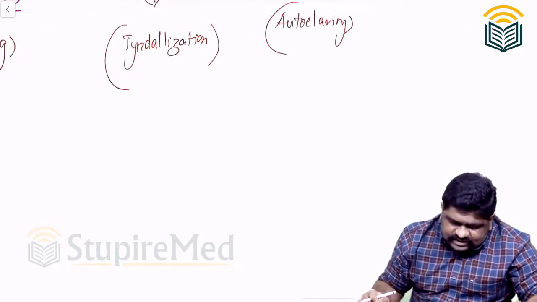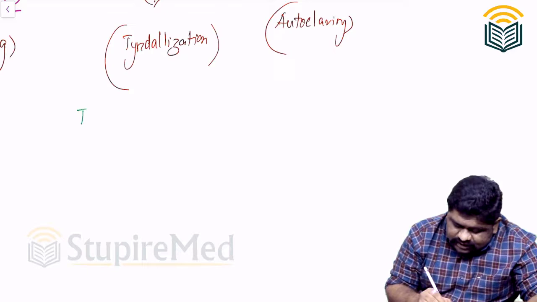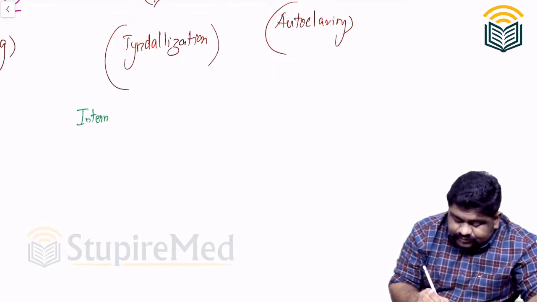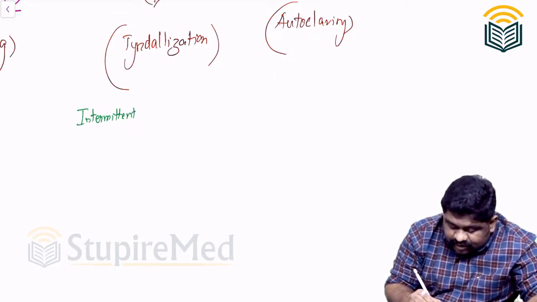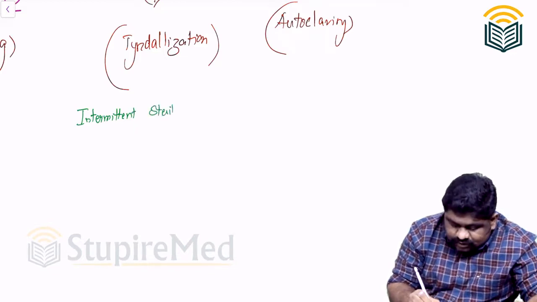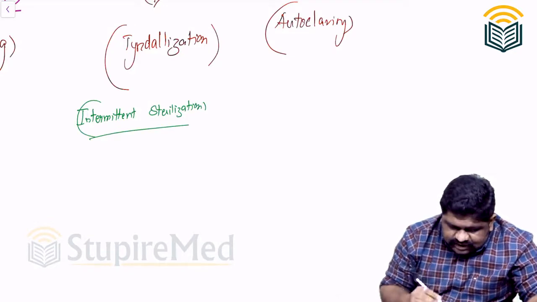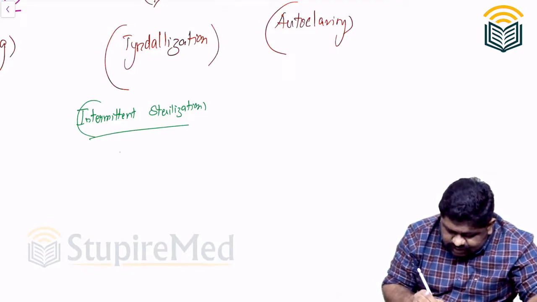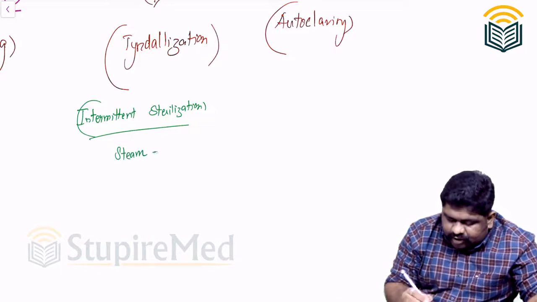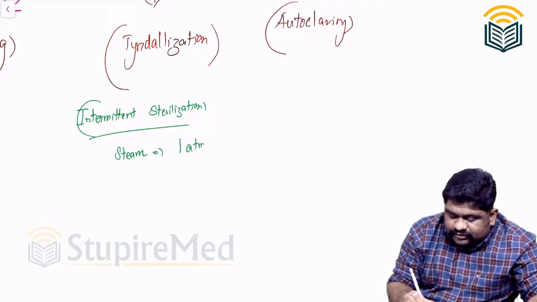What is tyndallization? This is also referred to as intermittent sterilization. What will happen here? In this method, you are going to use steam, but you maintain 1 atmospheric pressure.